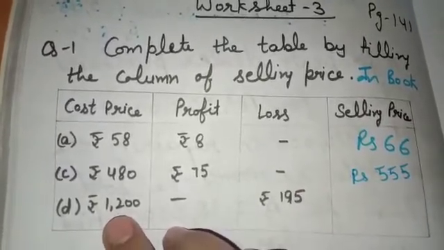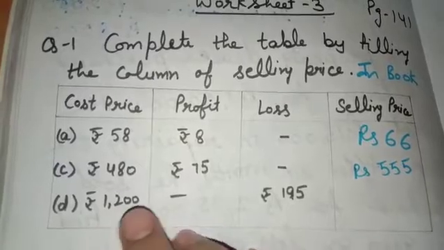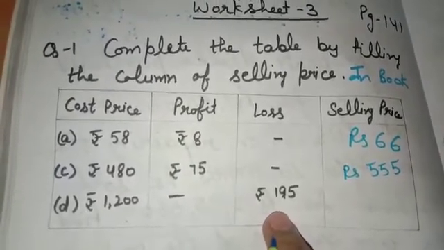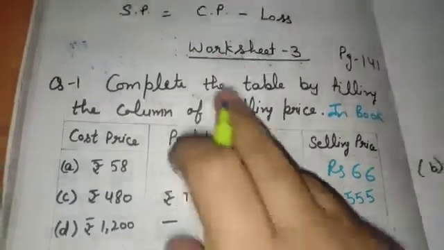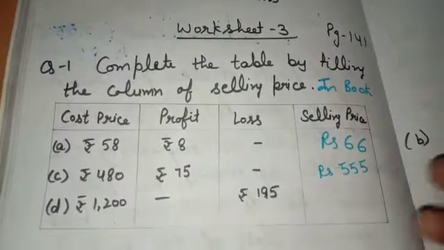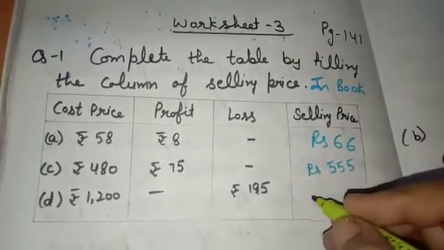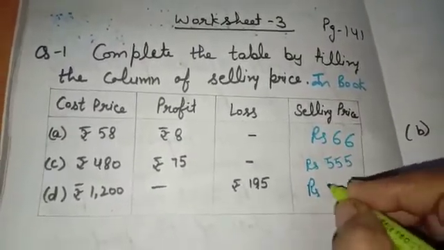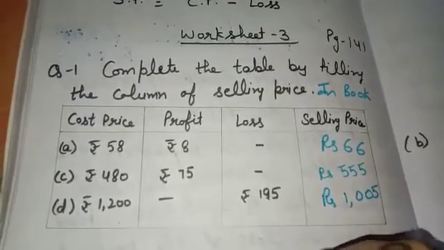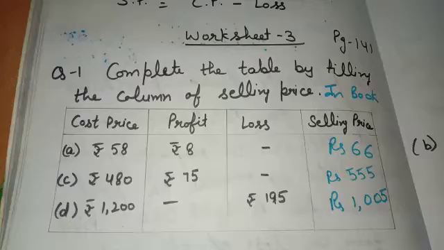Cost price is 1200, loss is rupees 195. Then for the selling price, the formula is cost price minus loss. So 1200 minus 195 equals rupees 1005. Okay, the remaining parts of the question you will do on your own.